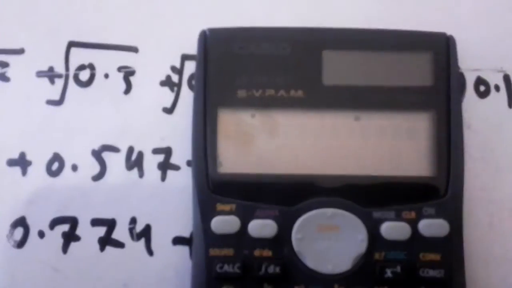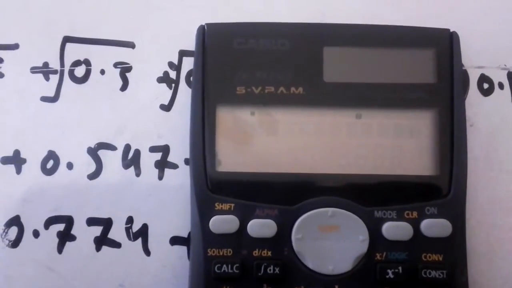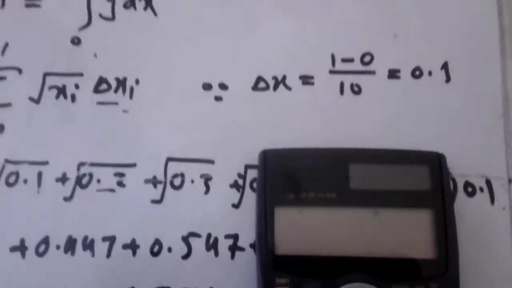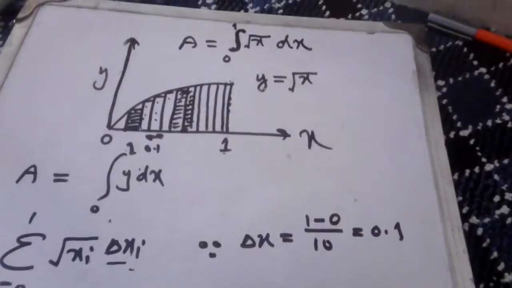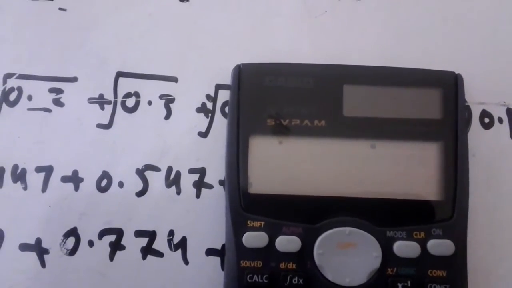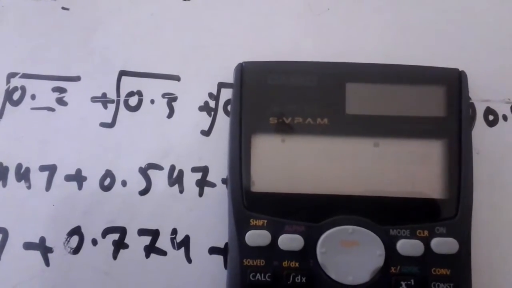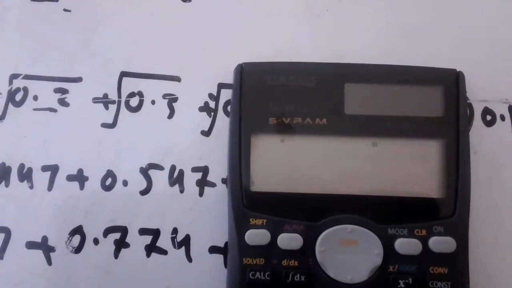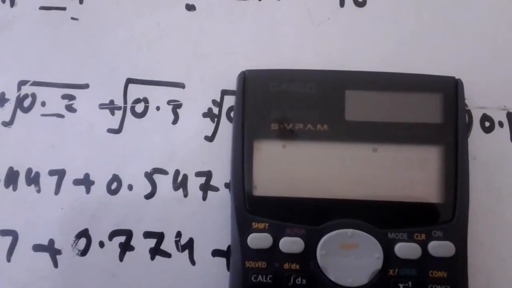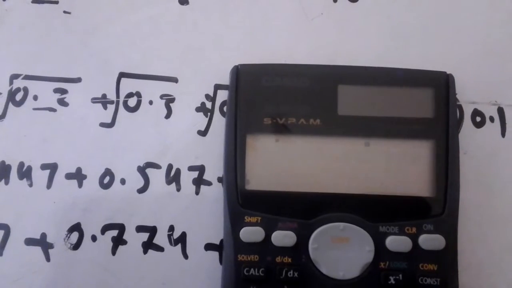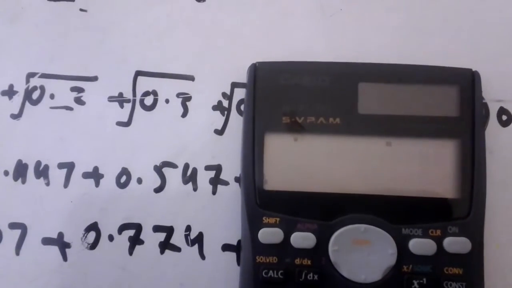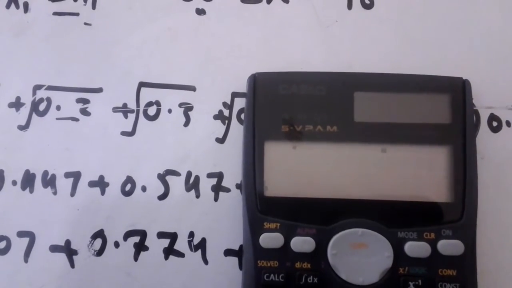You can do this yourself, but the limit must be from 0 to 1, and the function must be y is equal to square root of x, because for other functions it may take less time, and for other limits from 0 to 10 or from 0 to 110,000 it may take less time, but only from 0 to 1 it takes such a large time, about 8 minutes.